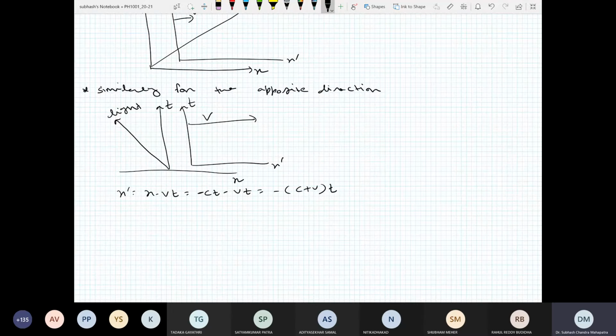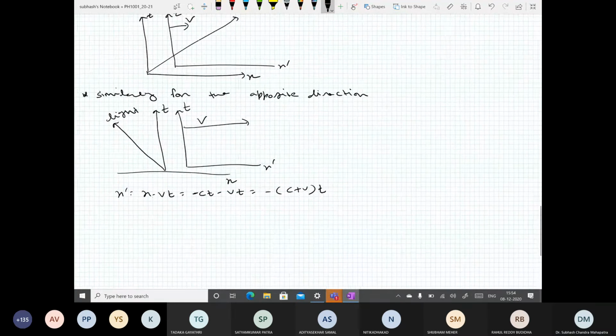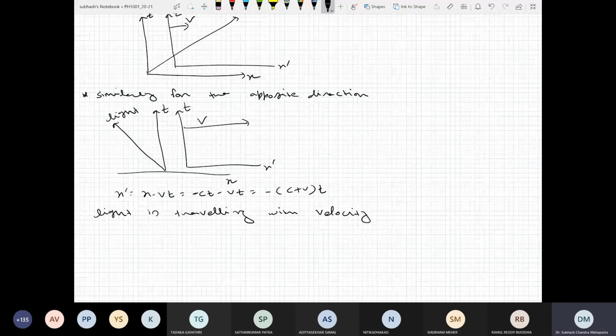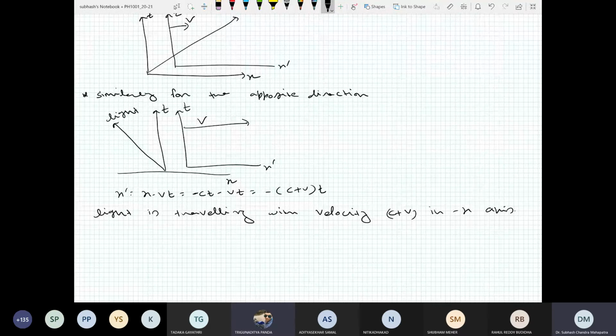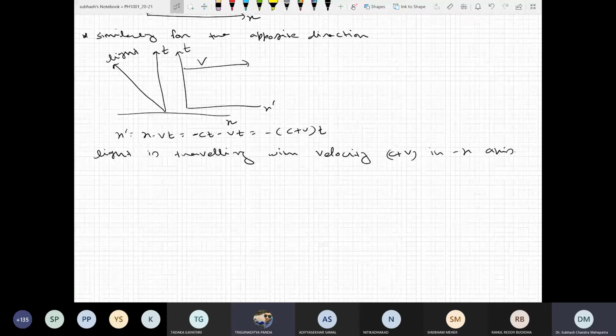So that means, according to me, light is traveling with velocity c plus v in the negative x-axis. In your frame light is traveling with velocity c, but in my frame light is traveling with a different velocity depending on my velocity.